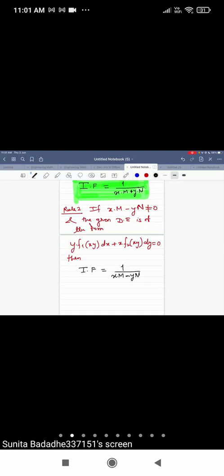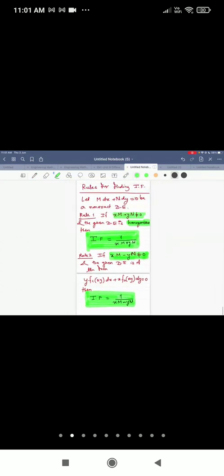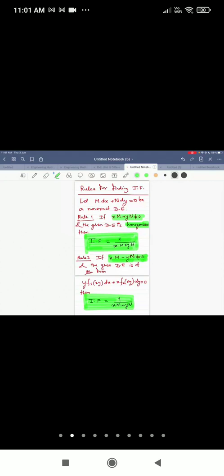This is the condition. Rules number 3 and 4 I'll write in the next lecture. So here I'll stop today's discussion. Tomorrow we'll start with this integrating factor condition and the reducible form examples, right?